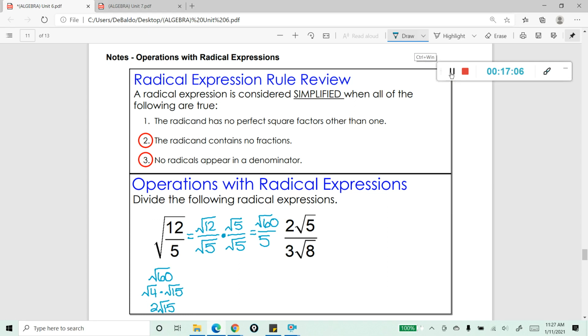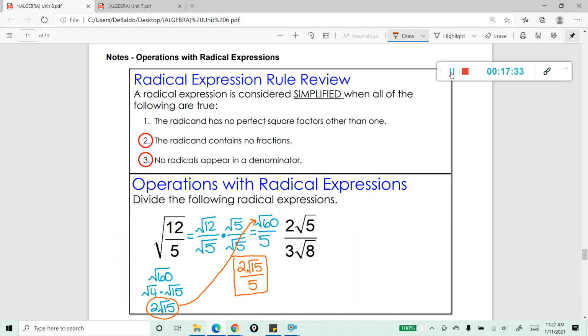I'm going to change my pen color so I can show you. I'm going to take the 2 root 15 and take it back up and replace the root 60, and I'm going to rewrite it down here. 2 root 15 divided by 5. And there you have it. You're all finished. That is your final answer.